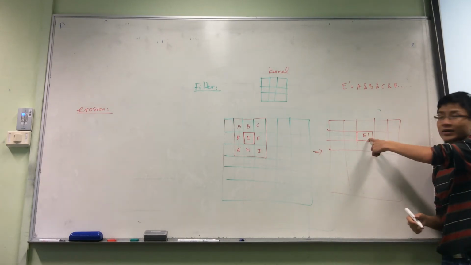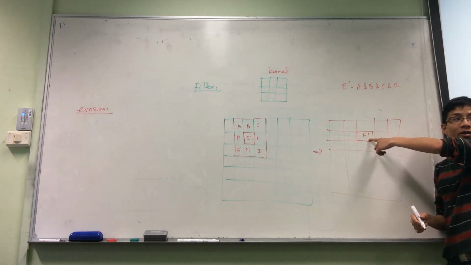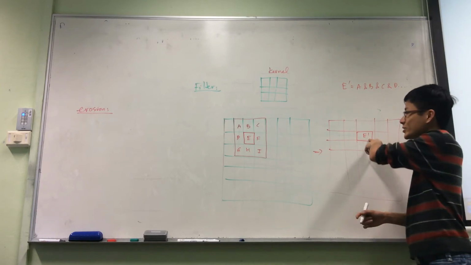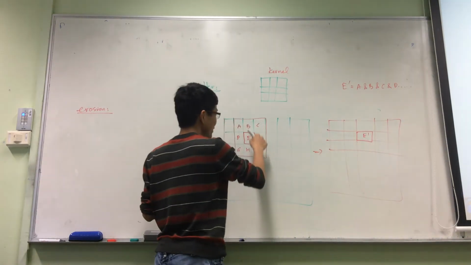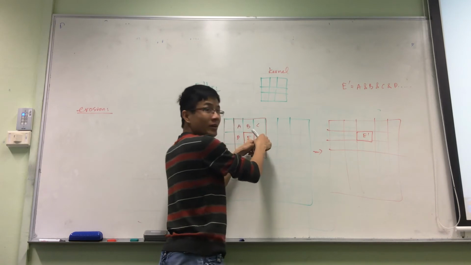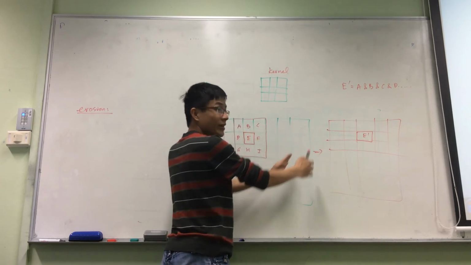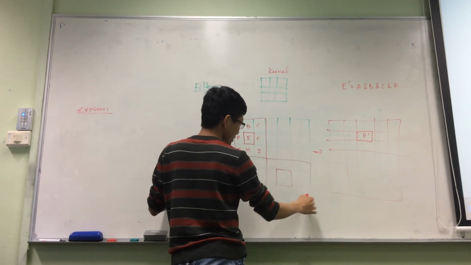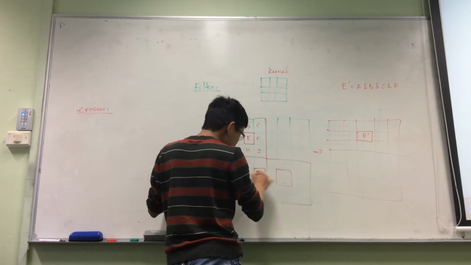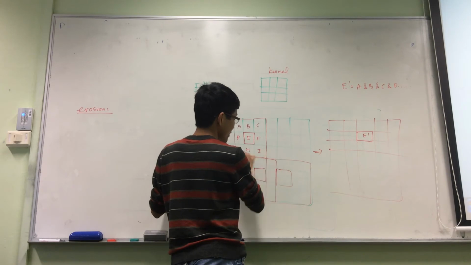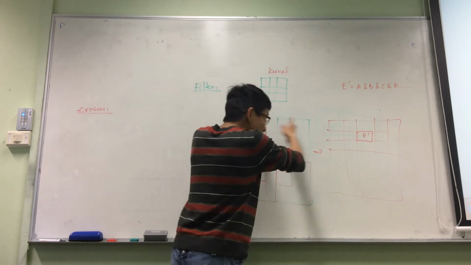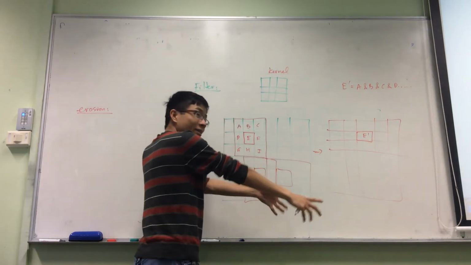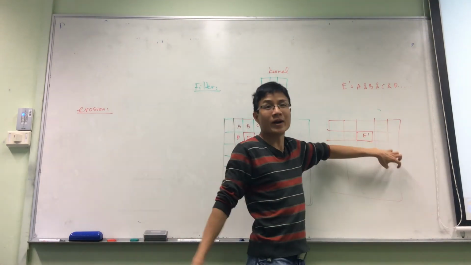That gives the result of the center one. If we want to calculate the next one, you need to move that filter along, and keep doing that. So you need to move the filter around the image to calculate each pixel.